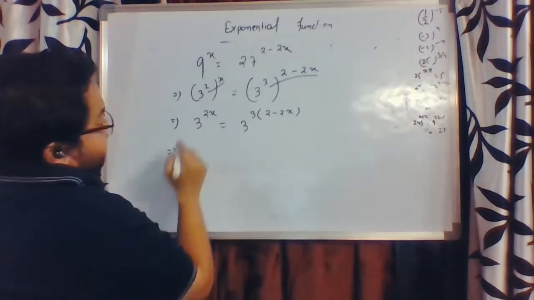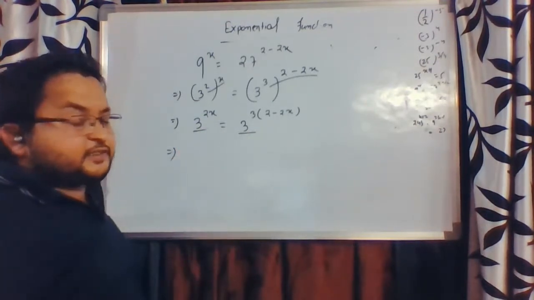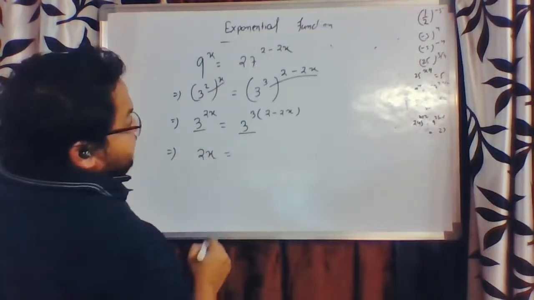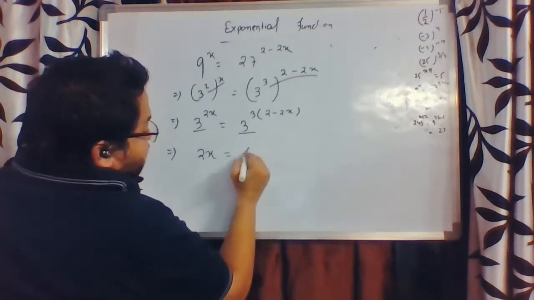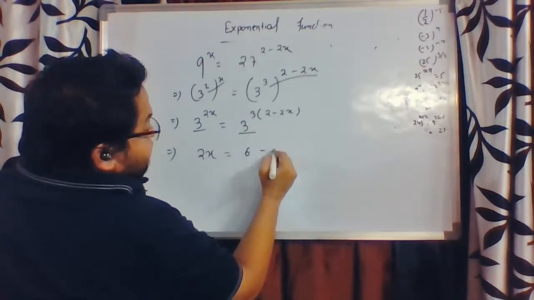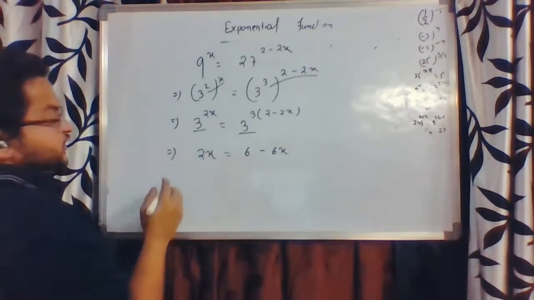Now the base of both this LHS and RHS are the same. So obviously I can write 2x equals 3 into 2, 6 minus 3 into minus 2x, that is nothing but minus 6x. So 6 minus 6x.